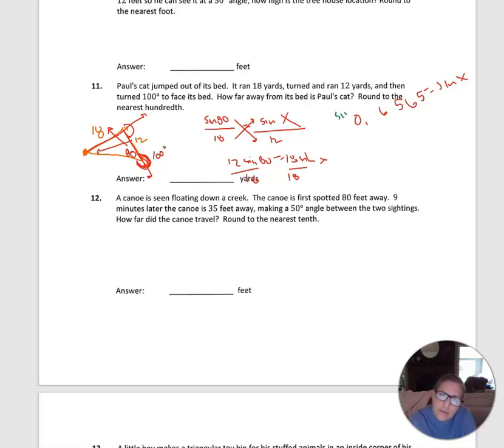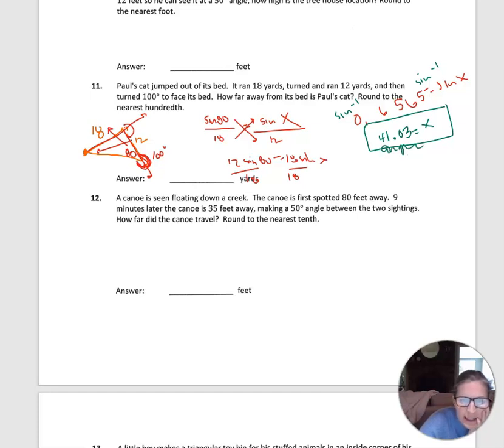So I'm going to do inverse sine on the left, inverse sine on the right, and x is going to be inverse sine of 0.6565, and that is 41.03. Okay, I'm not exactly sure where we stopped, but I apologize, this is the angle. So the angle right here is 41.03. But that's not what we want.